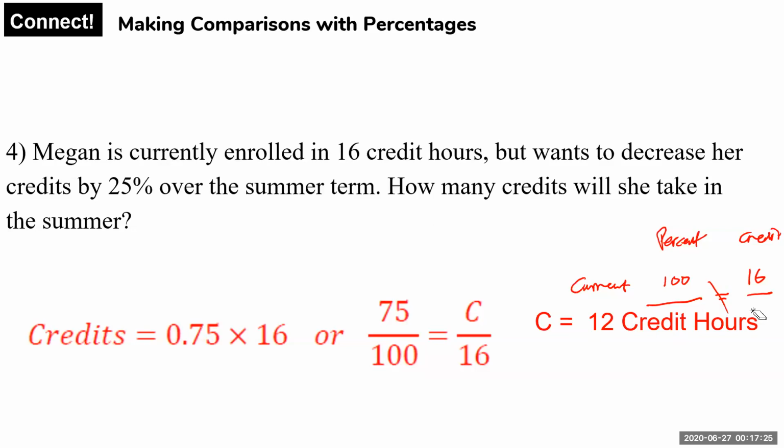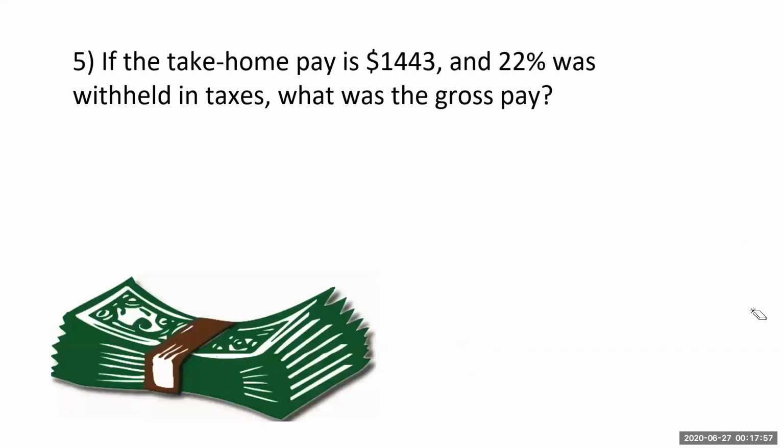Okay, nice, so 12 credits. So really, what you could have done here, simply, is 0.25 times 16, and that will give you 4. And then you take 4 from 16, and that gives you the answer as 12. So there are alternative ways to do that all the time.